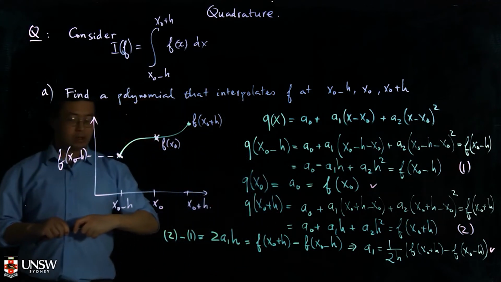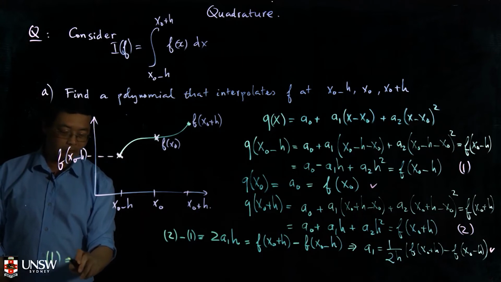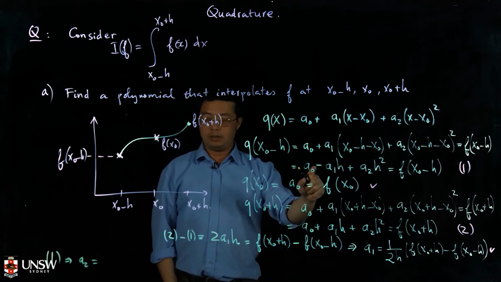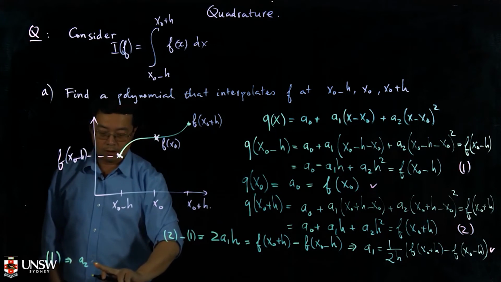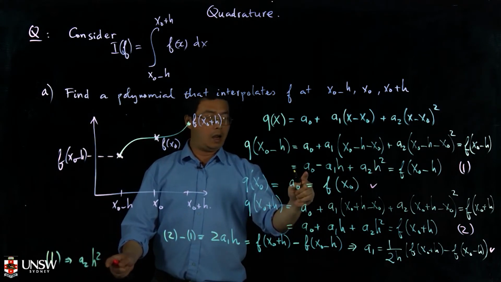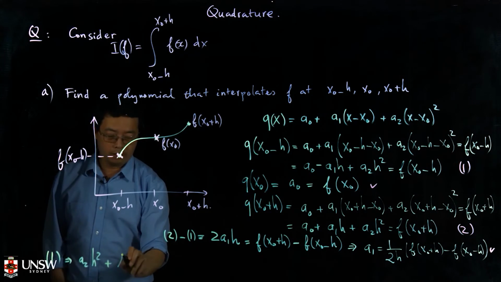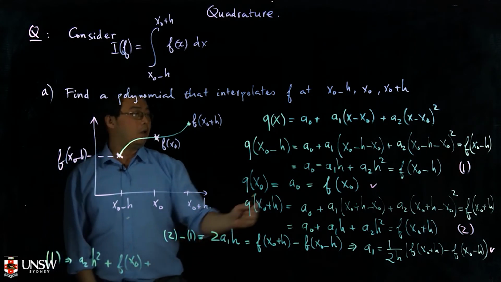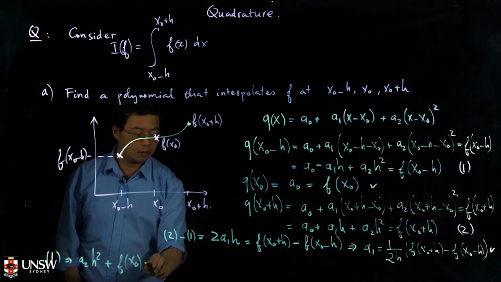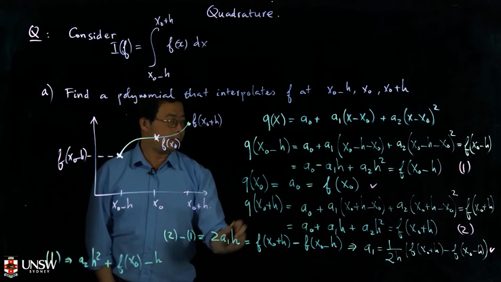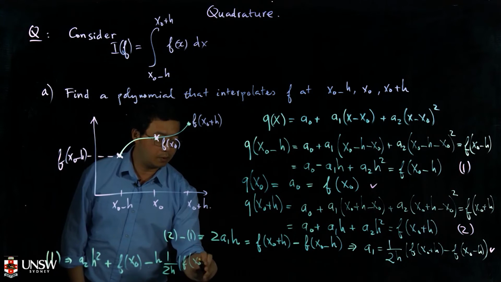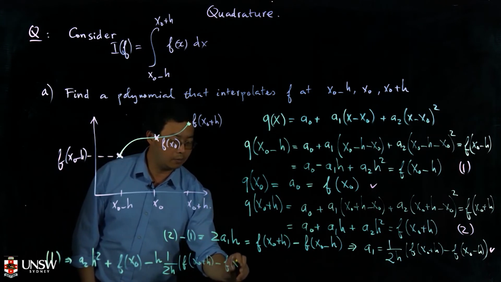Suppose I take equation 1, then I put in a2h squared, and then a0, which is just f(x0), and then minus h times a1, which is 1/(2h) times f(x0 plus h) minus f(x0 minus h).